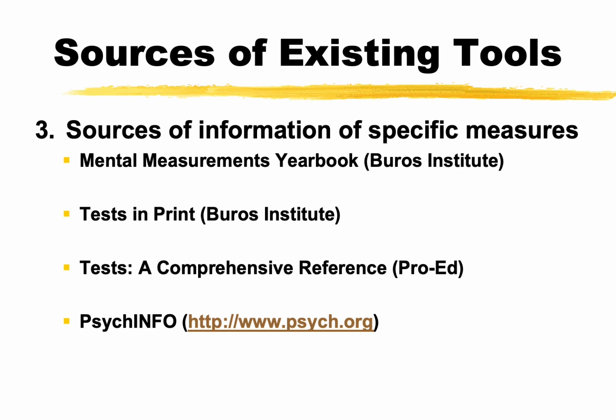This is published every few years, and each volume contains comprehensive critical reviews of tests. In 1990, the reviews also became available online. For those interested in psychological-based tests, I suggest the last entry there, PsycInfo, at www.psych.org.